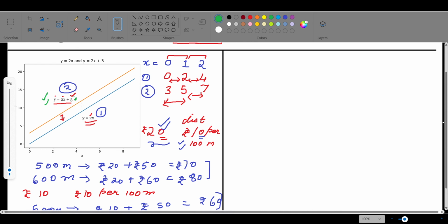Therefore, only 2x would remain, and the derivative of 2x is just 2. Okay, so give that a try. You can use video number 1 of this series. It'll help you in differentiating this equation of a line.